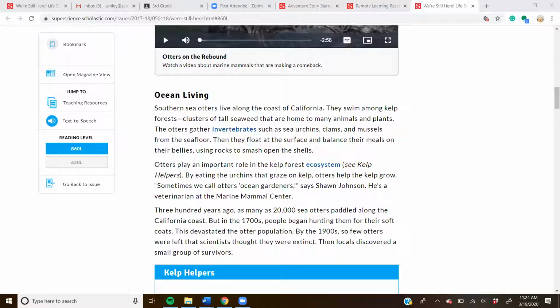Awesome. Good reading. They're so cute. So invertebrate, do you know what an invertebrate is? I do. Oh wait, you need to raise your hand. Okay, let's see. I've seen Henry's hand up and then Alyssa next.